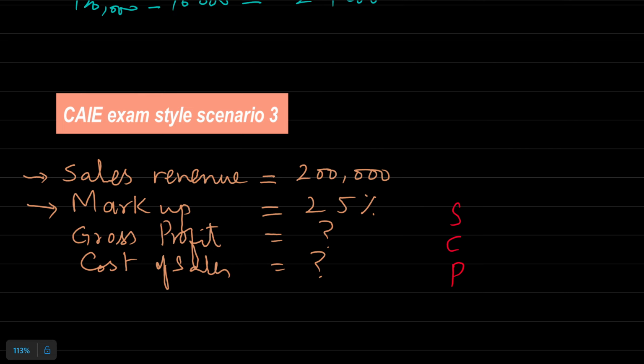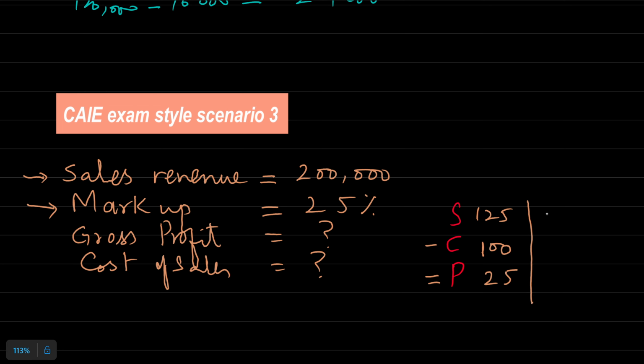So let us try to simplify the situation. If markup is 25%, that means it is 25% of cost. So the cost is 100. So what will be the selling price? Sales minus cost is equal to profit. So sales will be 125 in this situation.